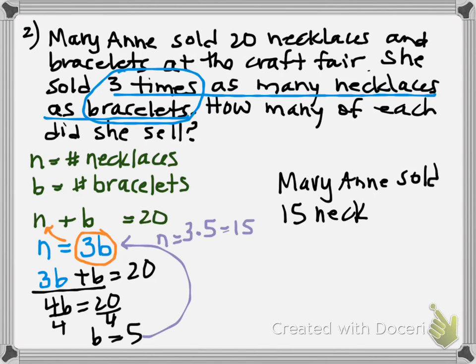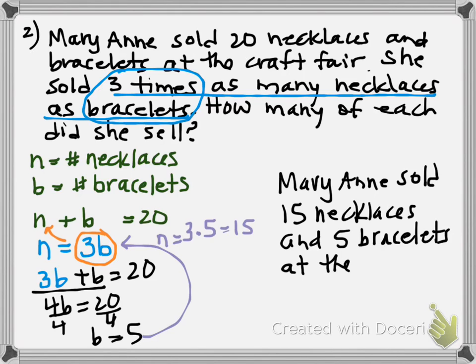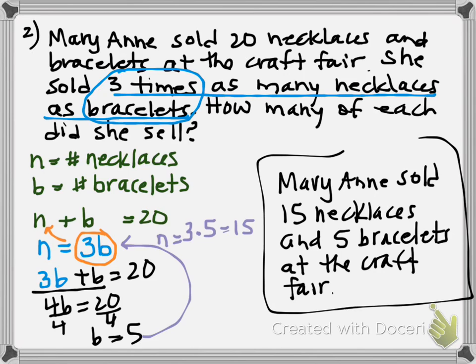Notice this time it was a lot easier to figure out which one was necklaces because of the N, and 5 bracelets at the craft fair. So it's good to include the names of people. It's good to include some background information in your answer when you're solving these problems. Okay?